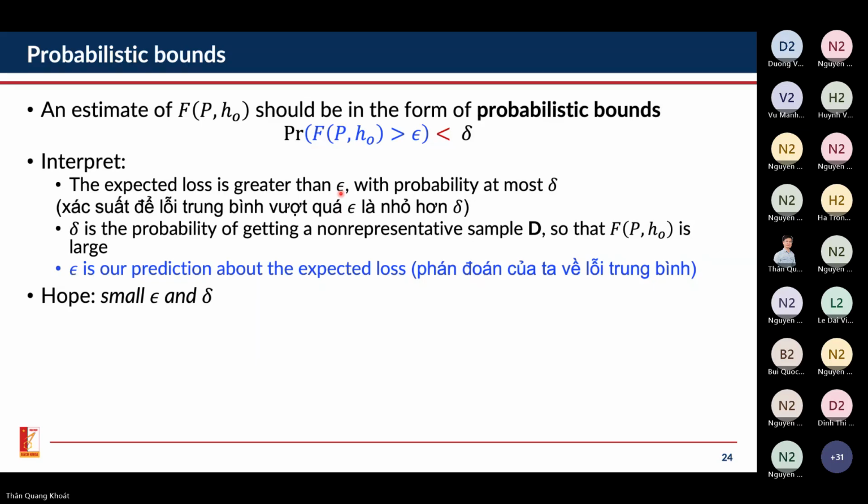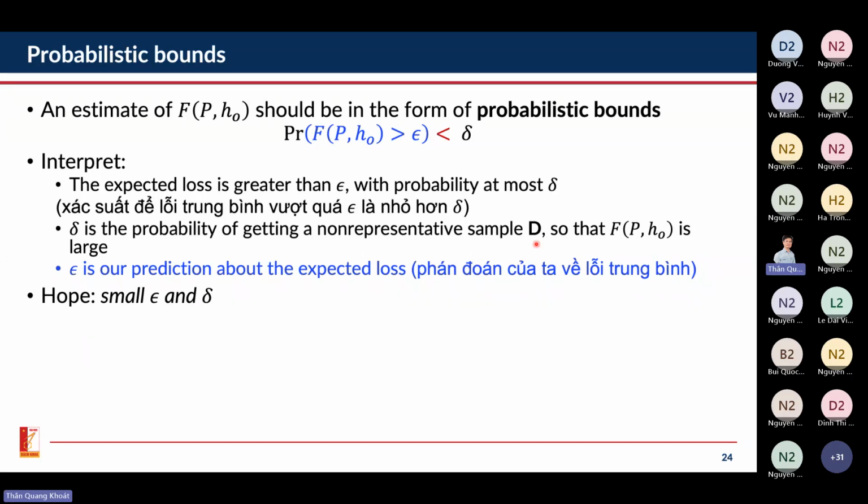That is our estimate. And of course, delta represents the probability that our estimate is wrong, or in other words, the probability that we get a very bad training set, right?